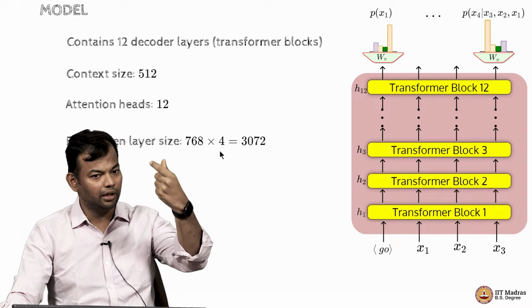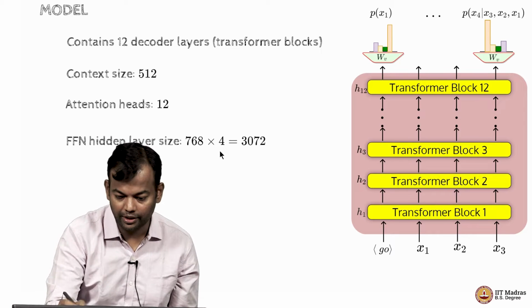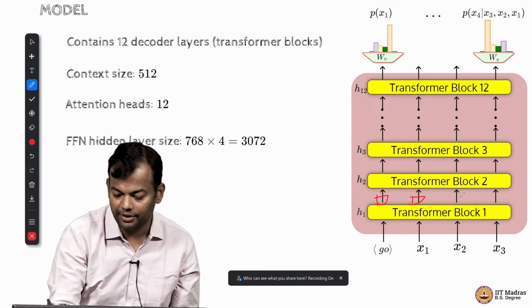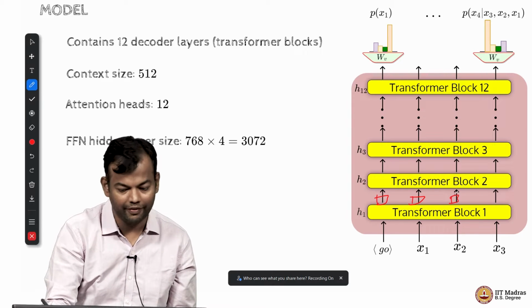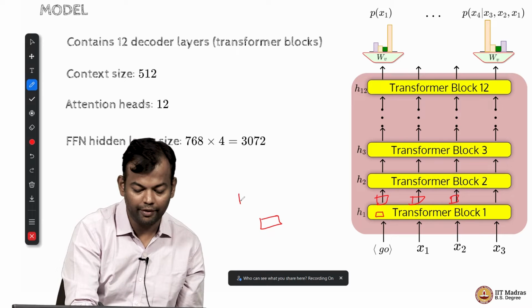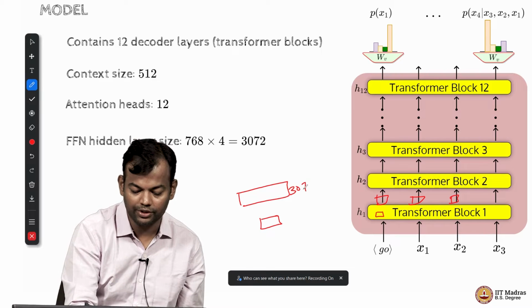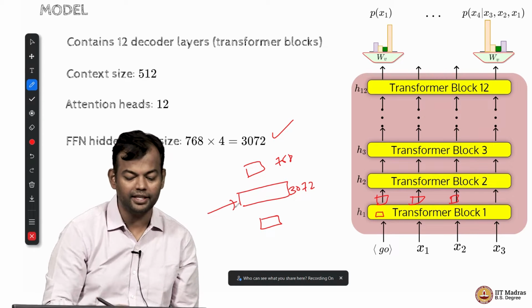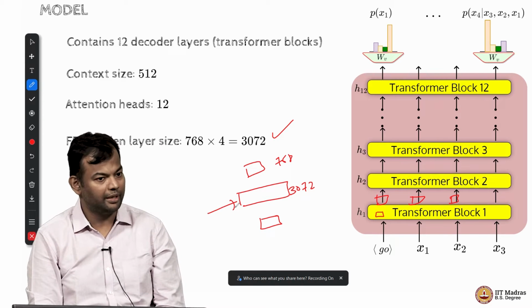So every layer is producing a 768 dimensional output. Okay. So even the attention head inside produces a 768 dimensional output. Then you have a feed forward network which makes it 3072 and then again shrinks it back to 768, right. So that's what this feed forward hidden layer size was, 3072. Does that make sense?